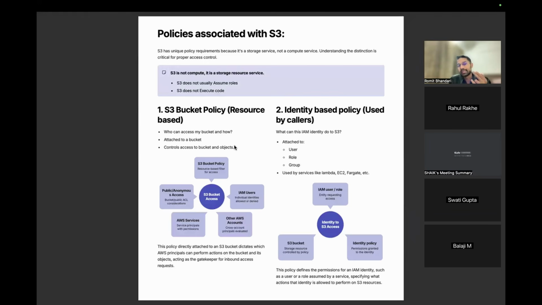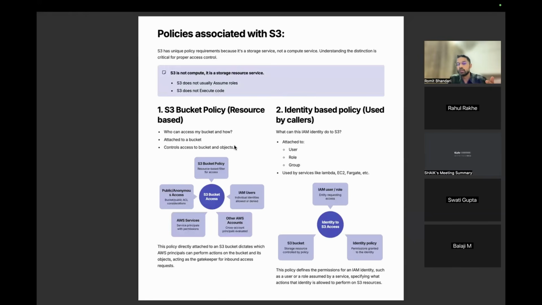So S3 would have an S3 bucket policy, which is resource based. Generally this comes into picture in cross account access. We already saw that. For the same account, generally you won't have an S3 bucket policy. The execution role policy would be sufficient for whoever is trying to access S3. That is what we are talking about in the second point: the identity based policy used by the callers.